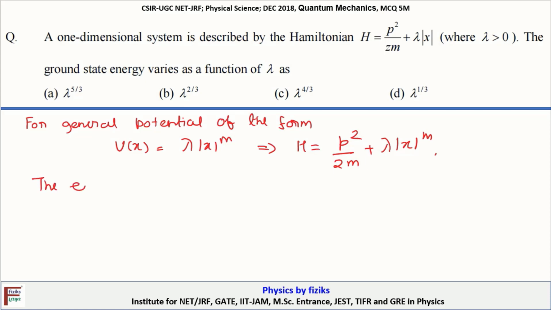The energy dependence En on lambda and quantization number n are as follows.